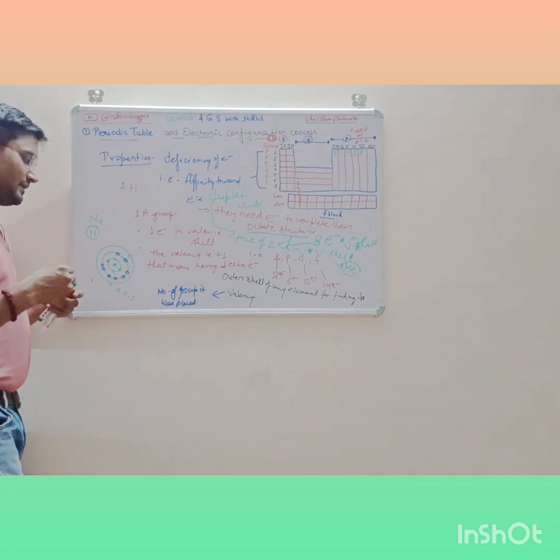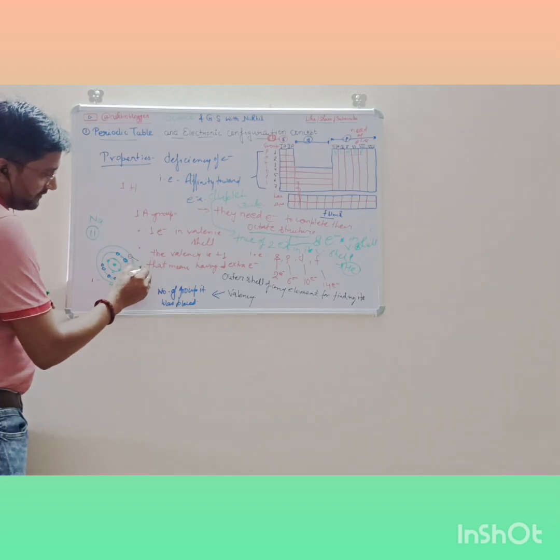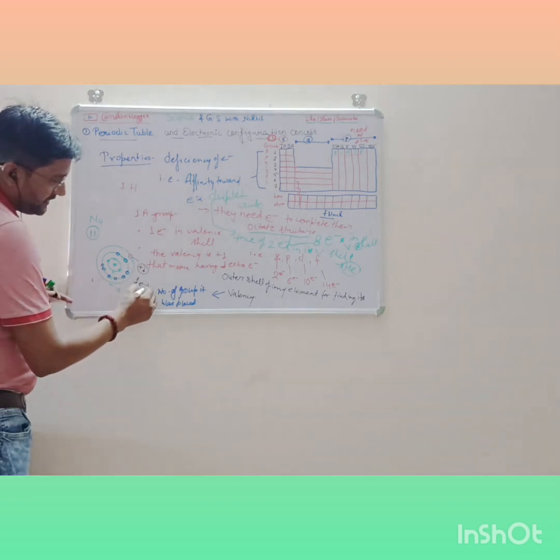That means this outermost shell is having 1 electron which it can donate.